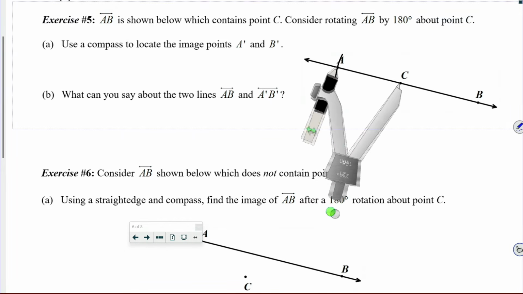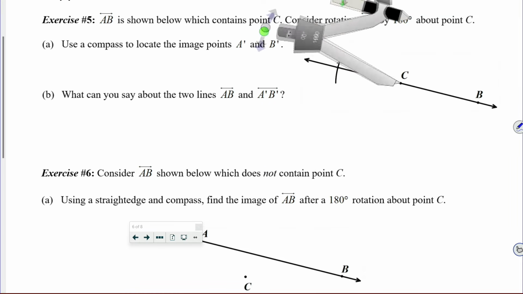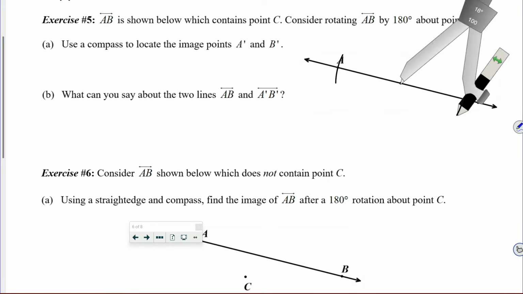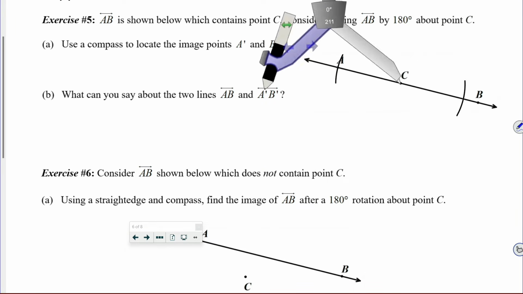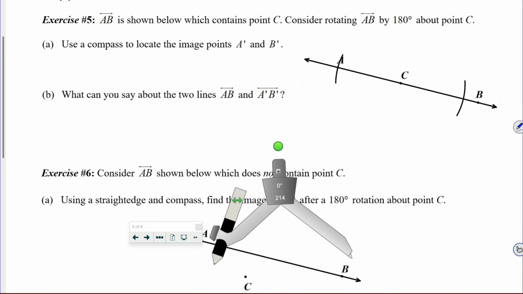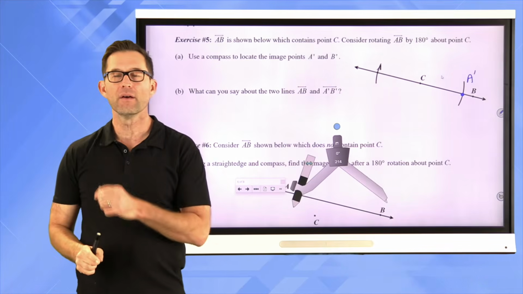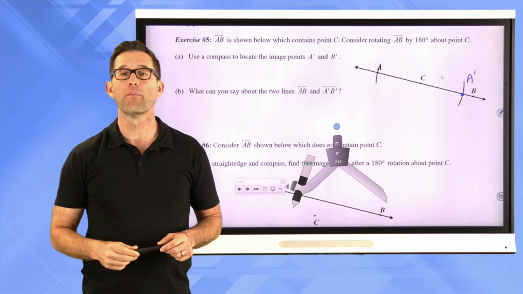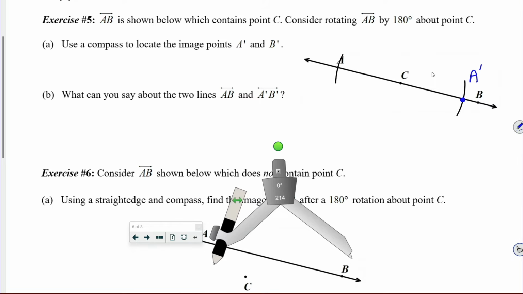Right on the money. This has got to be where point A prime is, where point A gets mapped. Why don't you go ahead and figure out where point B gets mapped?